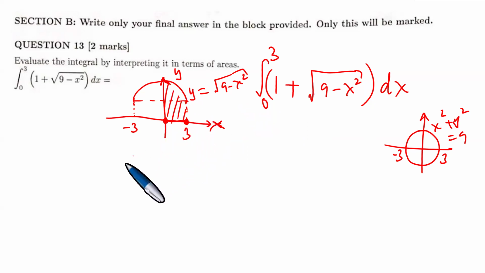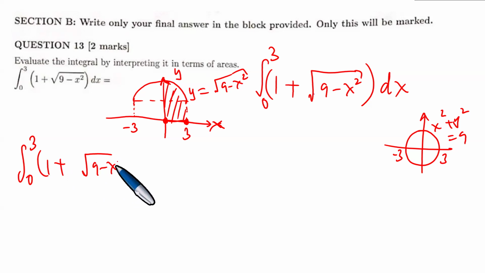If you focus on that part, what would the area of this be? That means the integral from 0 to 3 of 1 plus the square root of 9 minus x squared dx is equal to.